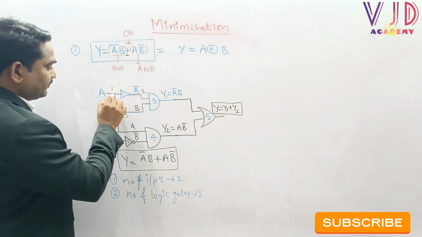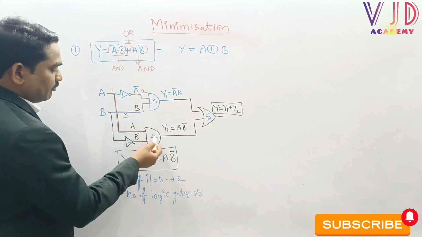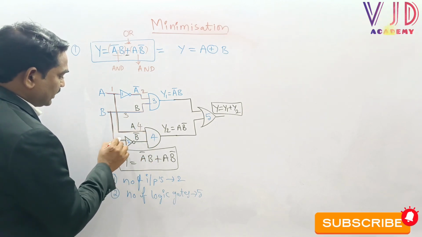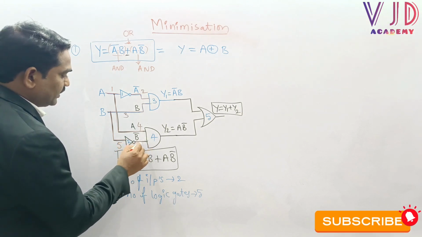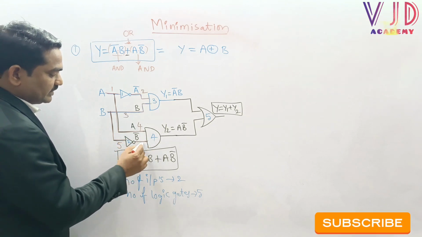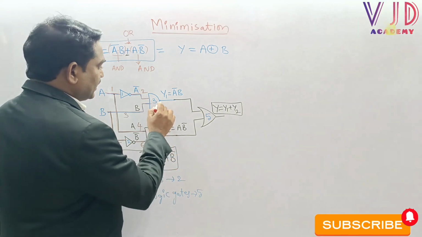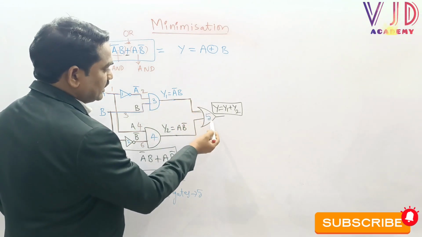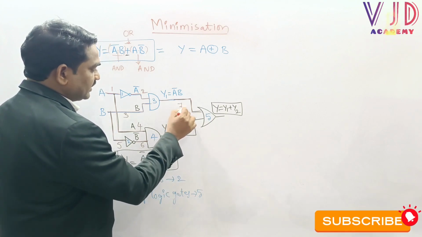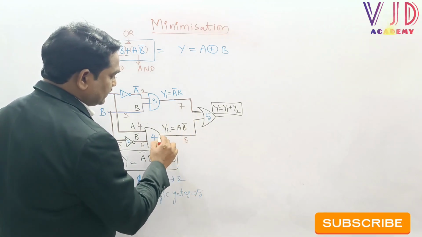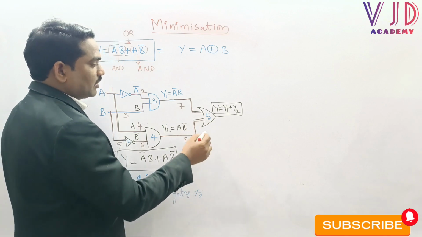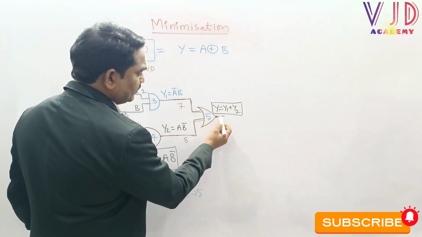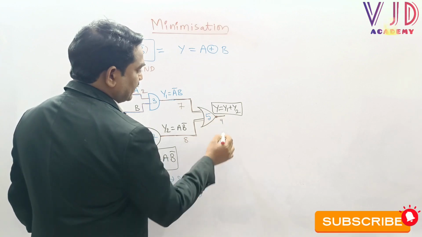The fourth connection is A to the other AND gate, B to the NOT gate is the fifth connection, and the NOT gate to the AND gate is the sixth connection. Finally, from Y1 to the OR gate is the seventh connection, the other is the eighth connection, and one more connection from the OR gate to Y, so 9 connections.